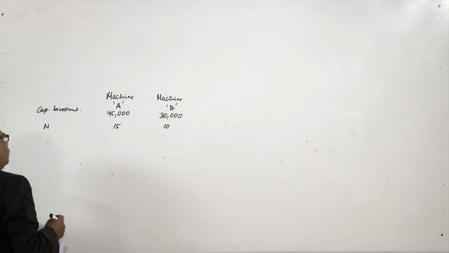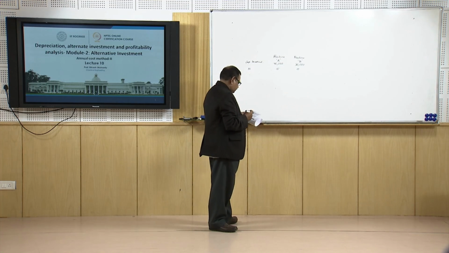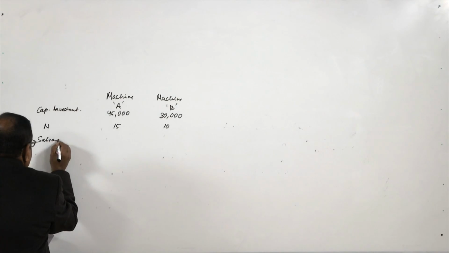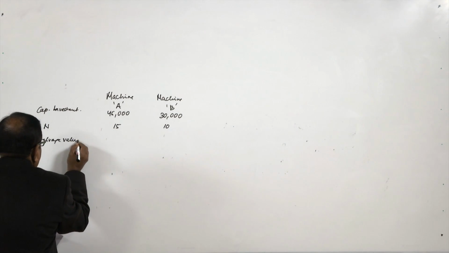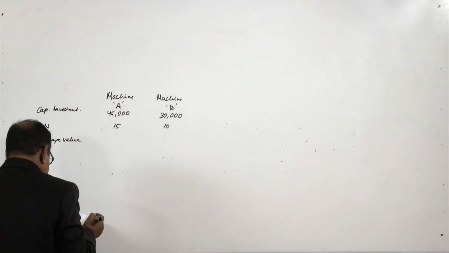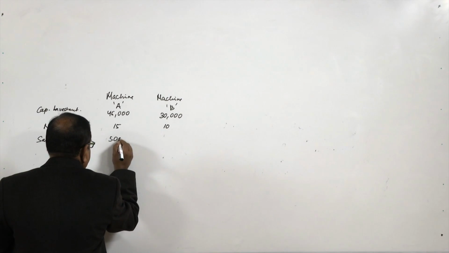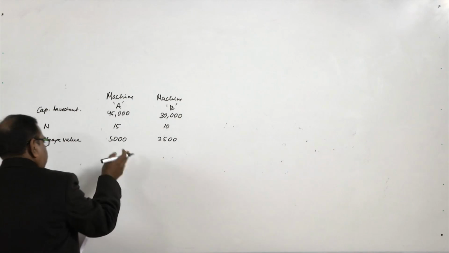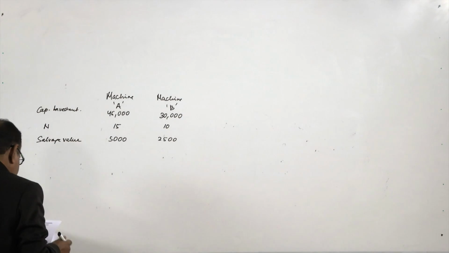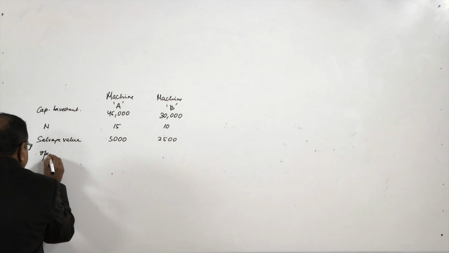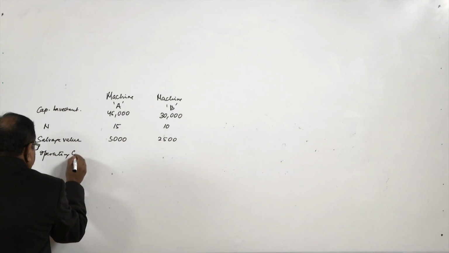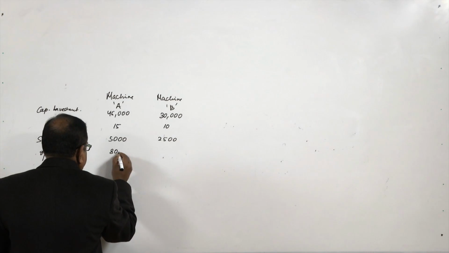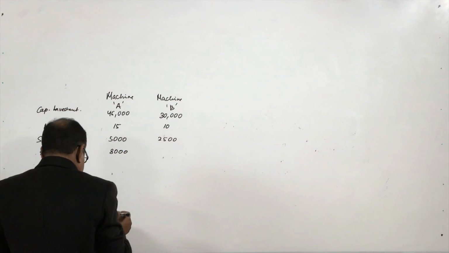In earlier cases we have taken N to be the same. Salvage value is 5,000 and 2,500, this is also different. Operating cost is 8,000 and 15,000.